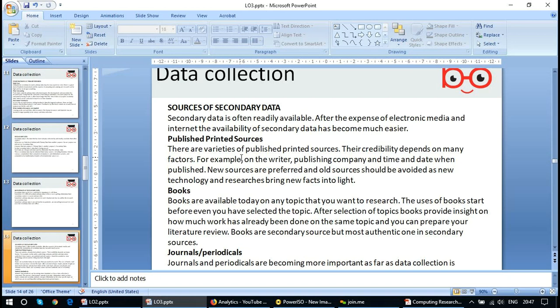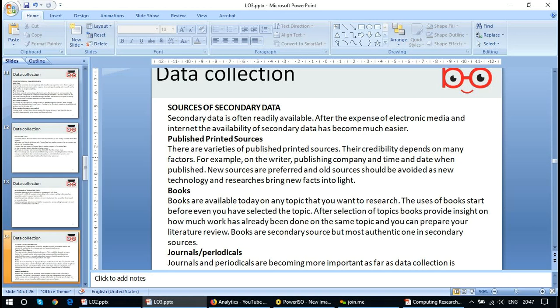You remember last time I discussed that new sources of information are much more reliable and should be considered, as compared to the older ones. You remember? Okay.